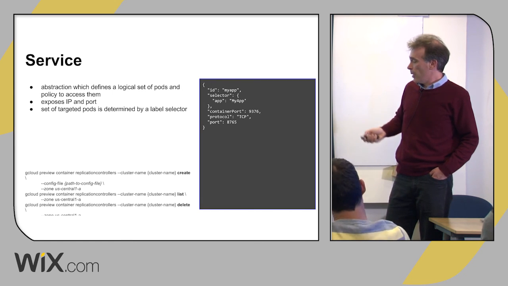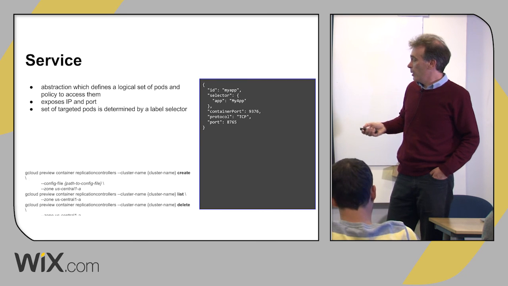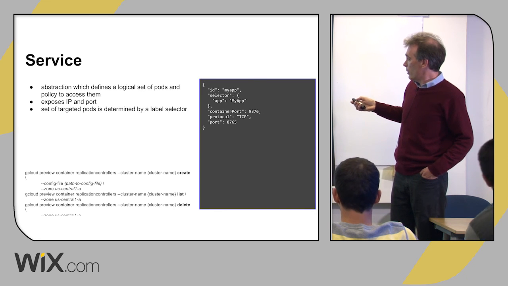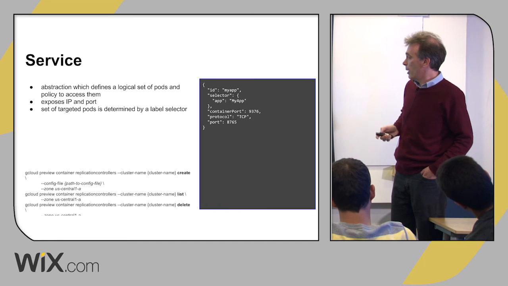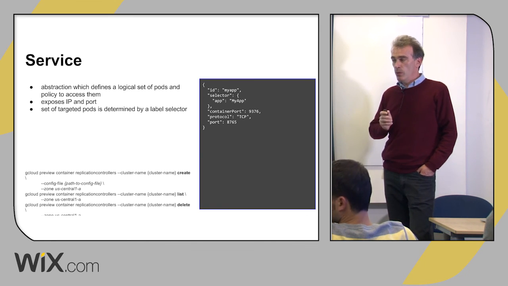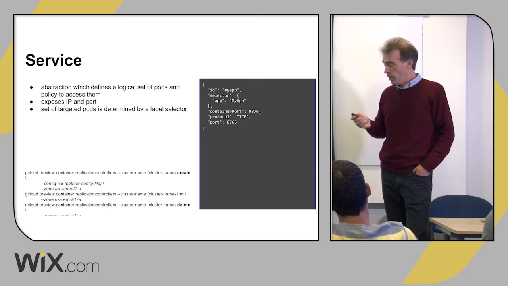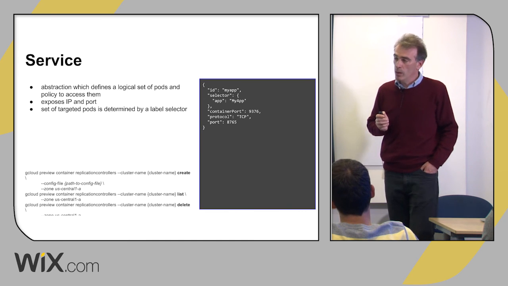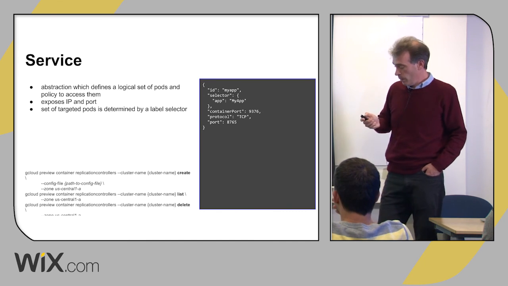We create the service in our cluster, and what we have now for this service, we have port and we have service name. Using the service name and this port, now we can communicate with all instances of this service from other pods.